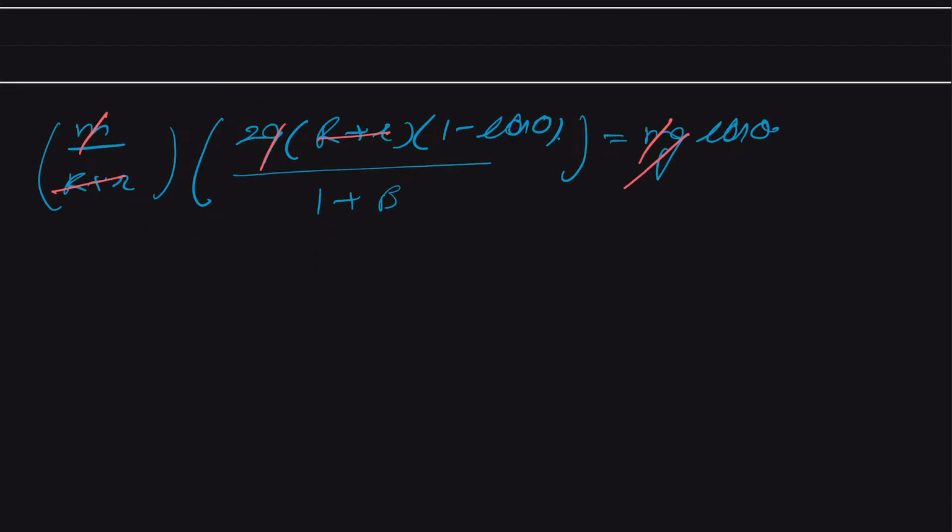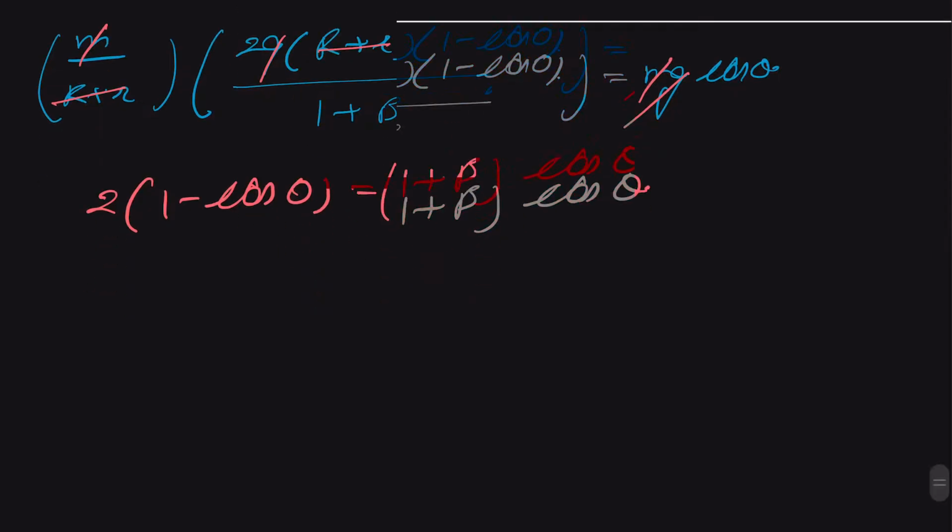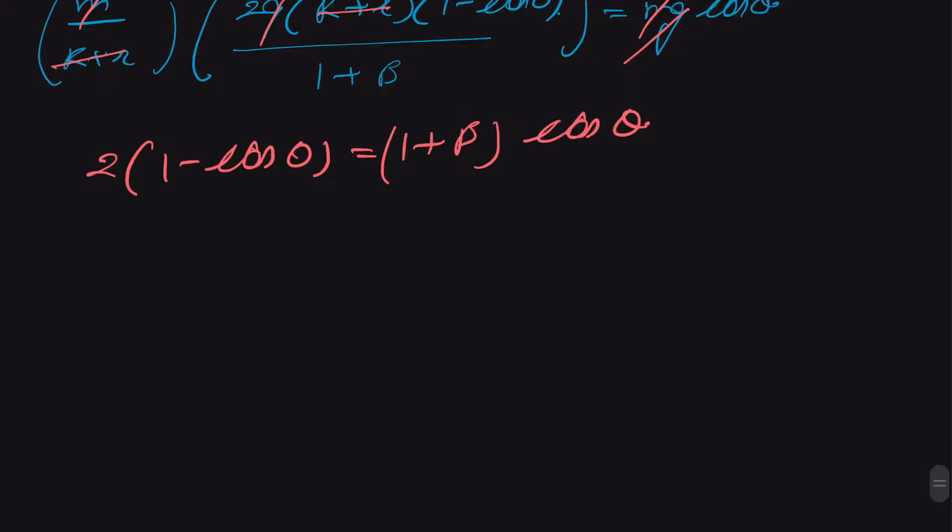Therefore, we get 2 (1 minus cos of theta) is equal to (1 + beta) cos of theta, which can be further written as 2 is equal to (3 + beta) cos of theta.